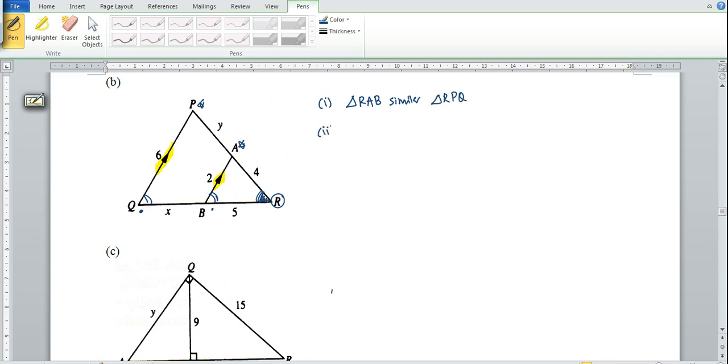If you have a problem seeing, let's redraw this. RAB, with sides 2, 4, 5, and I have a bigger similar triangle RPQ. There's a parallel line here. I have 6 here.